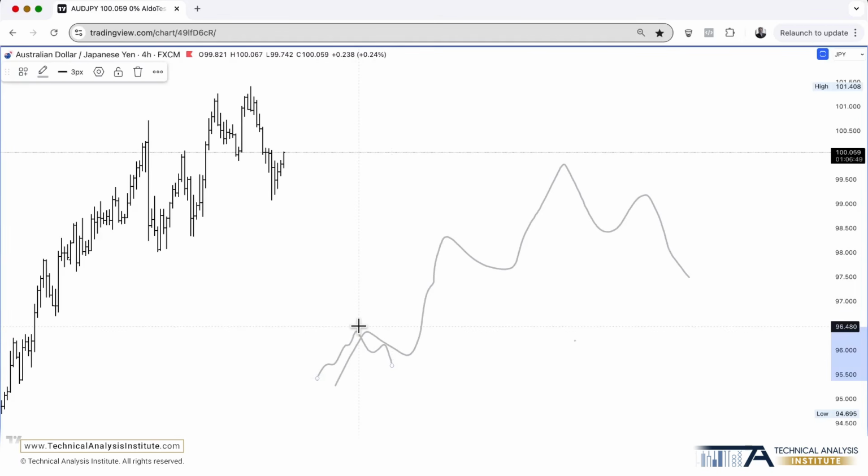So how do we do that? Well, in the wave principle, we do that by identifying 3 specific types of corrections. We don't see the corrections as something noisy that moves sideways or something like that. No, we have very specific patterns, rules, and guidelines that identify each one of those corrections.